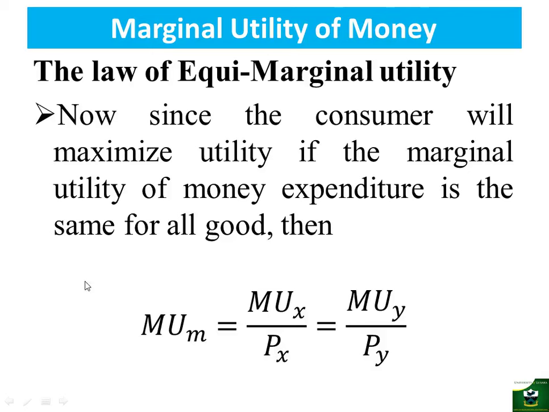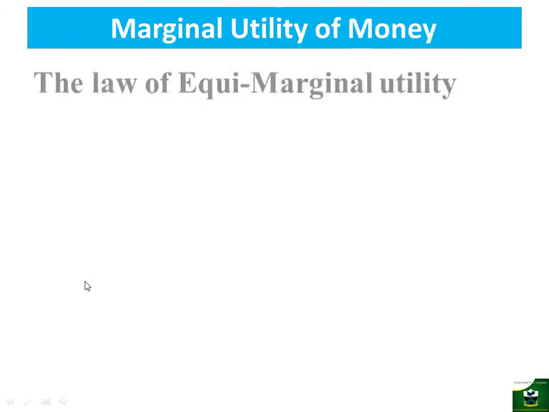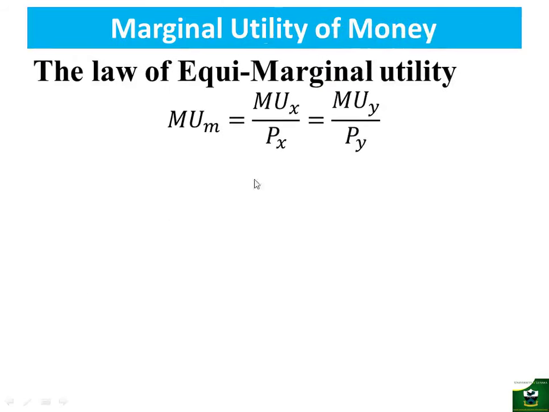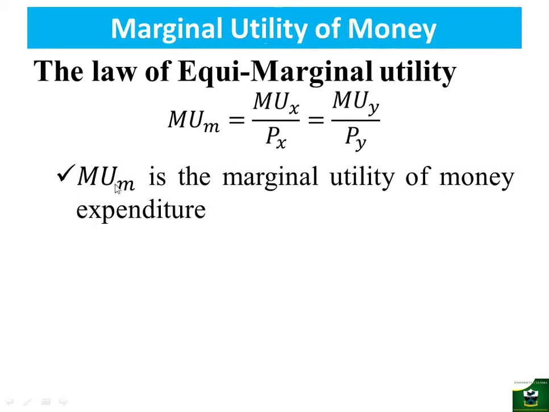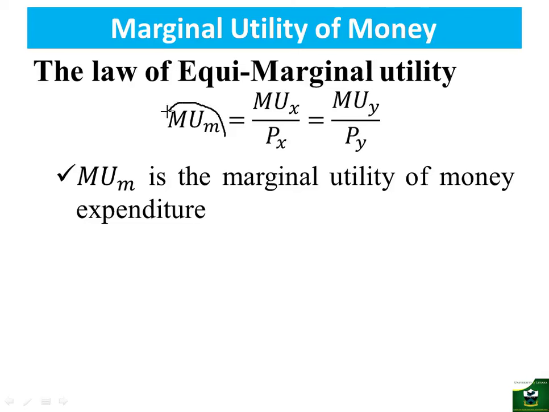Okay, so now, given this, we can define the terms that we have in this equation. Number one, the MUM is the marginal utility of money expenditure.